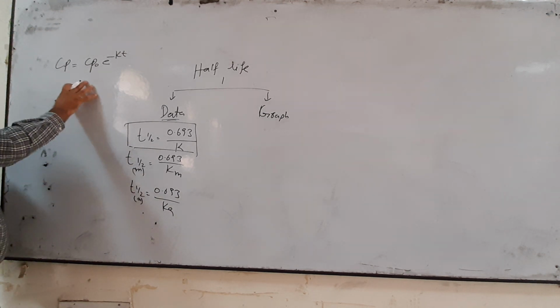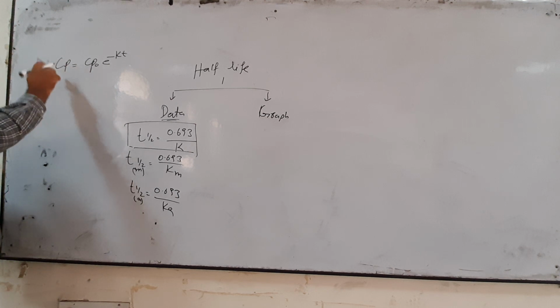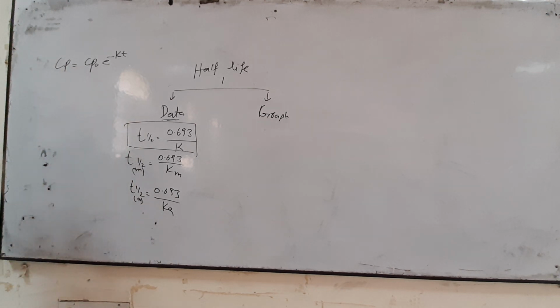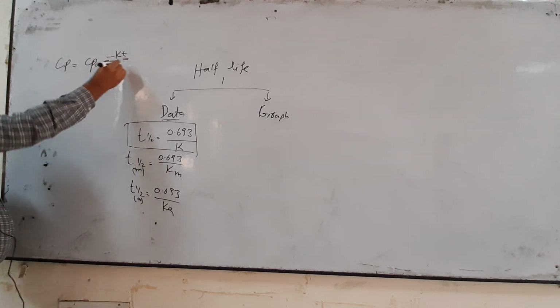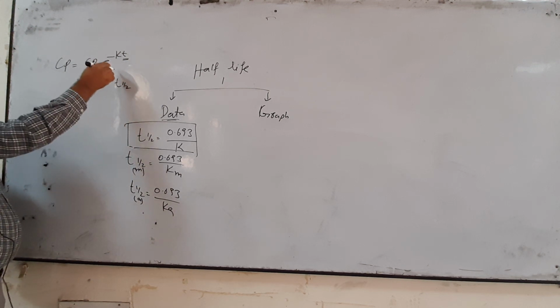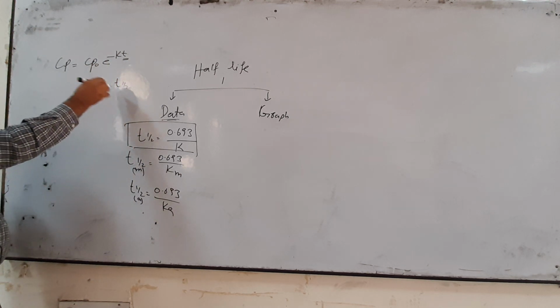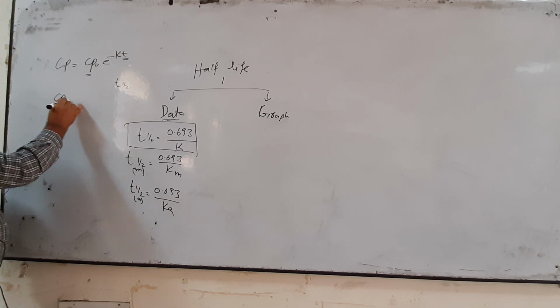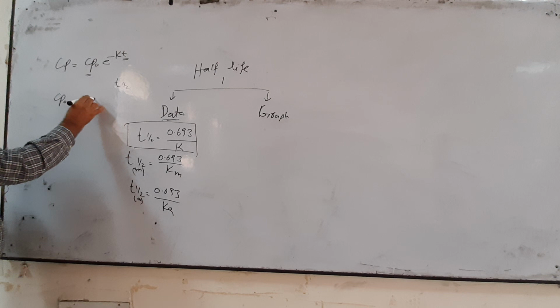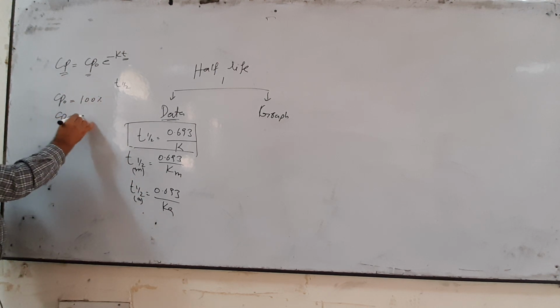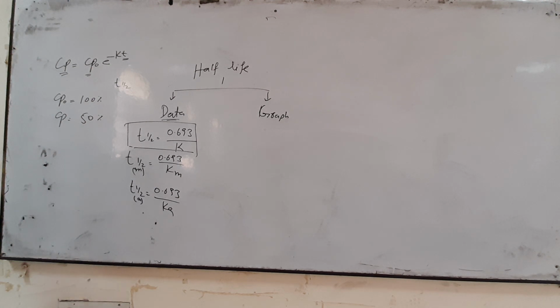In case of first order kinetics and one compartment model, we have Cp equal to Cp naught e to the minus Kt. And our target is to calculate the time at which half of the drug is eliminated. So when half of the drug is eliminated, we will say T half, and this Cp naught will be 100%, and now this Cp is 50%. The time at which initial plasma concentration converts into half is the elimination half-life.